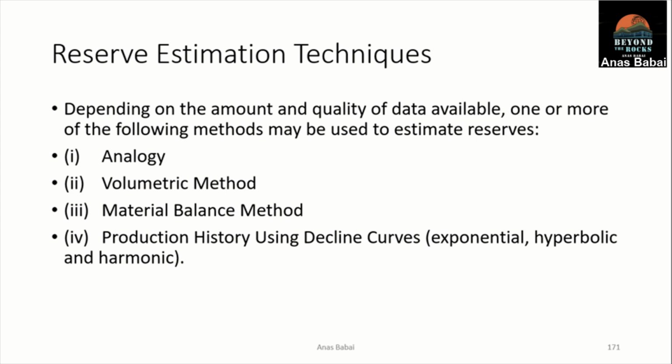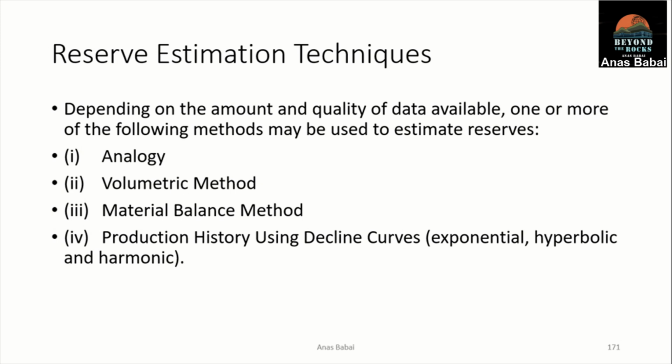The production history using decline curve technique is based on the assumption that the decline in production rate takes place with time, and with that there is also a decline in the pressure of the reservoir.